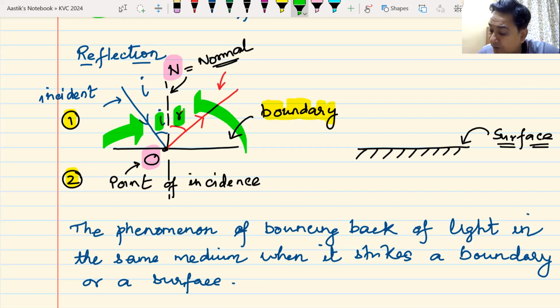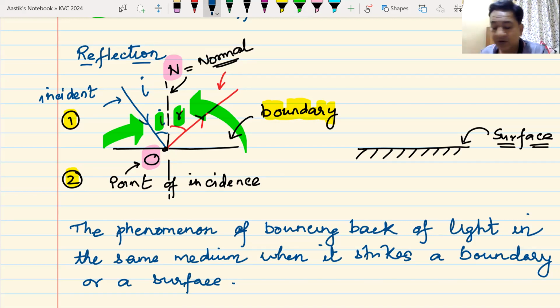Similarly, angle of reflection is again not the angle that the ray makes with the boundary. It is the angle that the ray makes with the normal. Do we all understand this? Because sometimes a question will come where instead of giving you i, they will give you the angle with the surface.